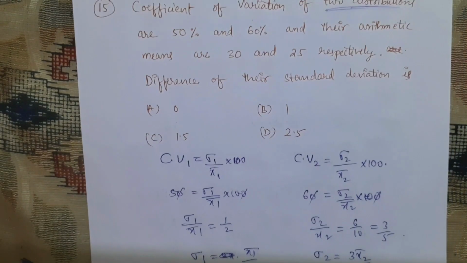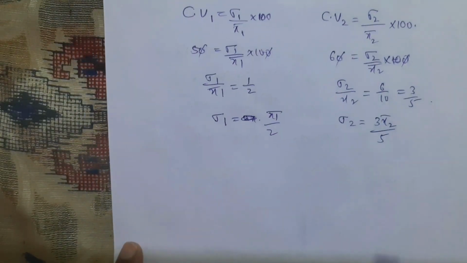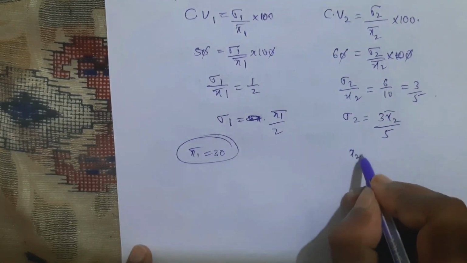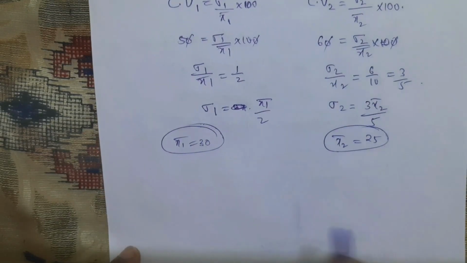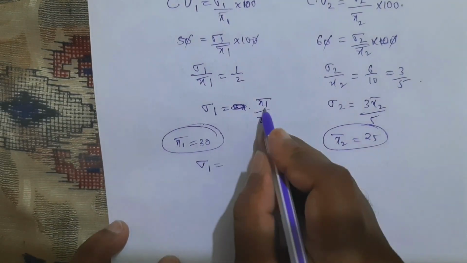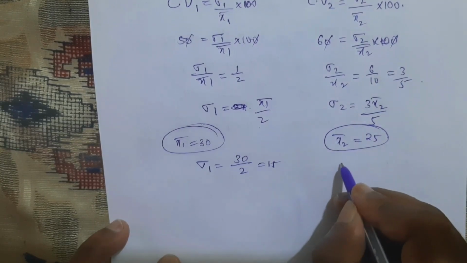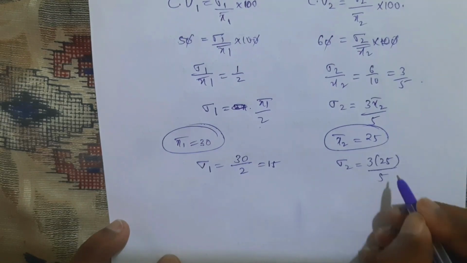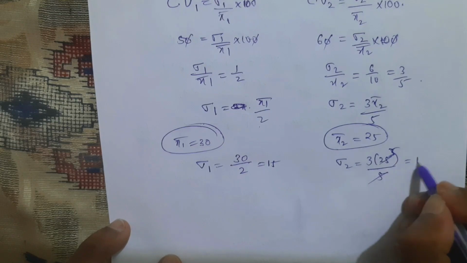But here if you observe, the arithmetic means are 30 and 25 respectively. That means x1 bar is equal to 30 and x2 bar is equal to 25. Now I will substitute those. That means sigma 1 is equal to x1 bar by 2, which is 30 by 2, equal to 15. Here sigma 2 is equal to 3 into 25 by 5, which is 3 fives, 15.